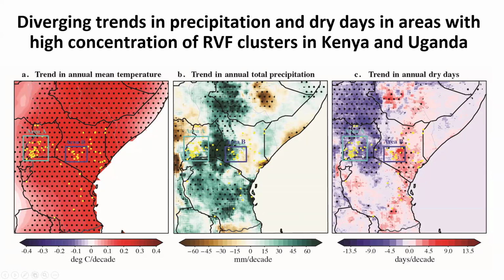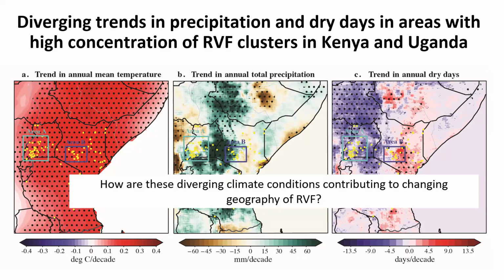So there is this question now. We've done this analysis of how climate conditions in these regions are changing, but we still want to understand how these diverging climate conditions are contributing to the changing geography of this disease, which is something that we're still working on. There's not a whole lot of data. As I mentioned, there were only about 100 clusters of RVF that were available.